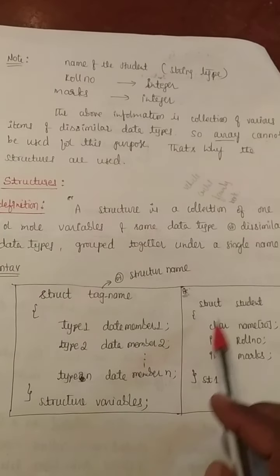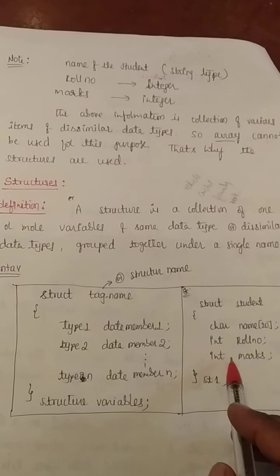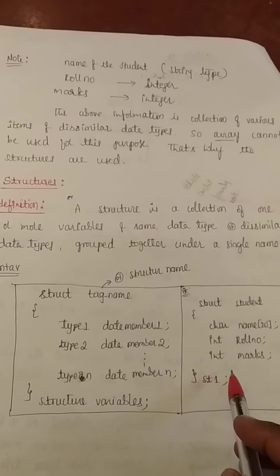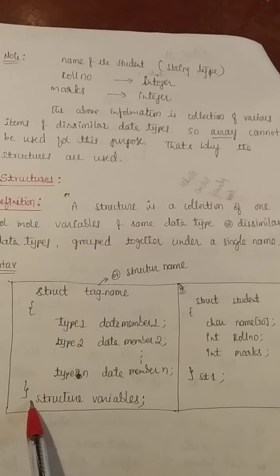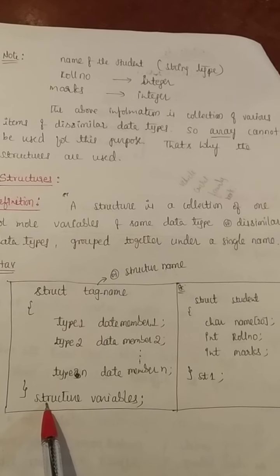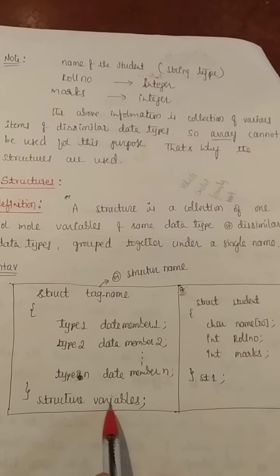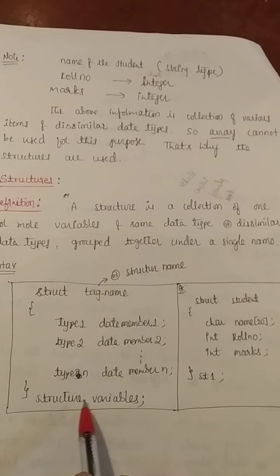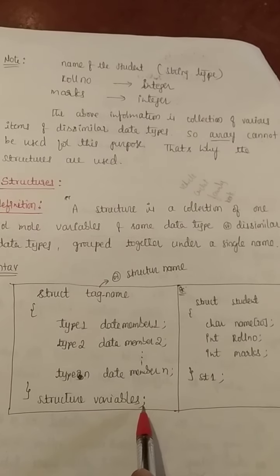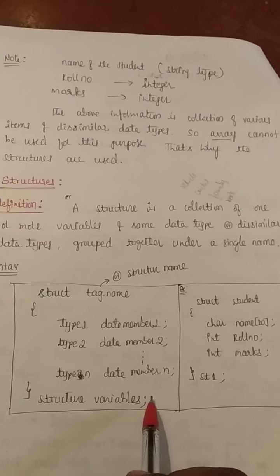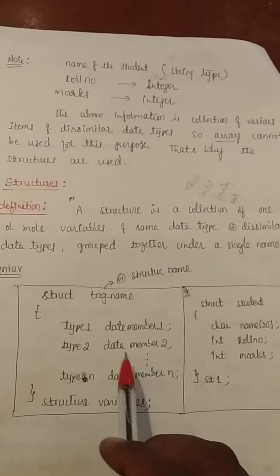Here we have shown only 3 data members, but you can have n number of them. And at the end you can have the structure variables list. You can use many structure variables, but each should be separated with a comma operator and end with a semicolon. Structures end with a semicolon.